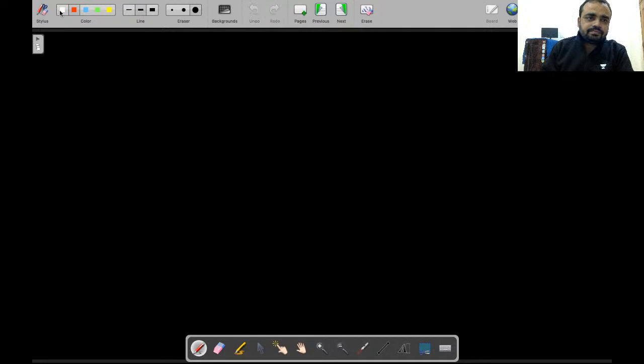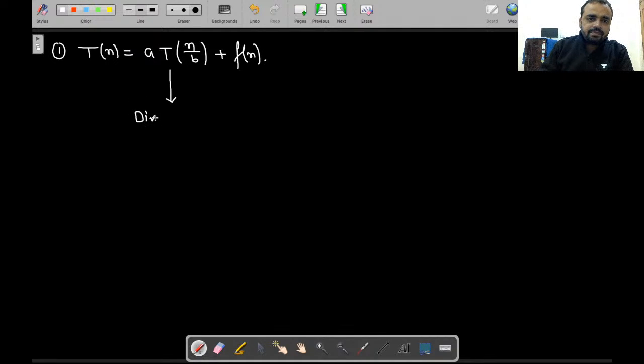See over here, I am dealing with the first part. If the recurrence relation T of n is given as a T of n by b plus f of n, then the master theorem says this particular part is called the divide time.